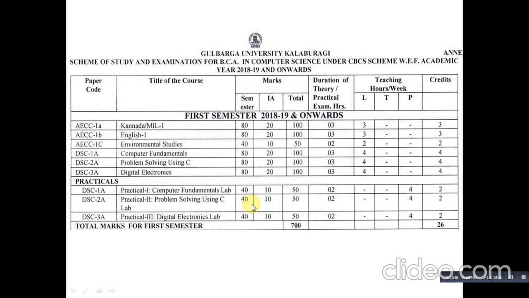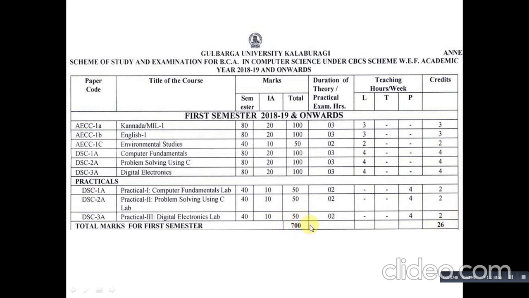It is having 2 credits. DSC 3A practical 3, digital electronics lab, for 50 marks, 40 external and 10 internal, and credits are 2. So total credits are 26 for the first semester, and total marks for the first semester is 700.